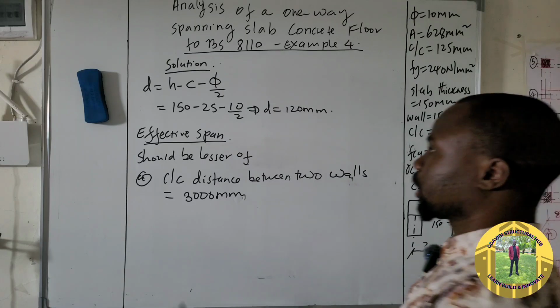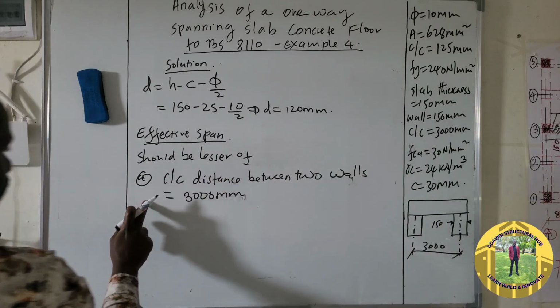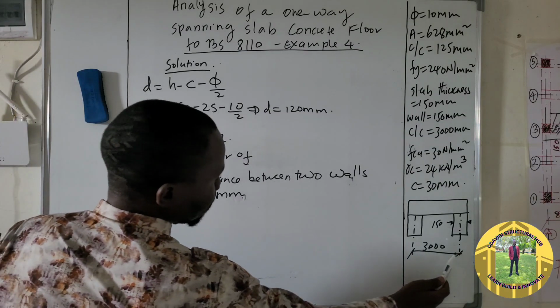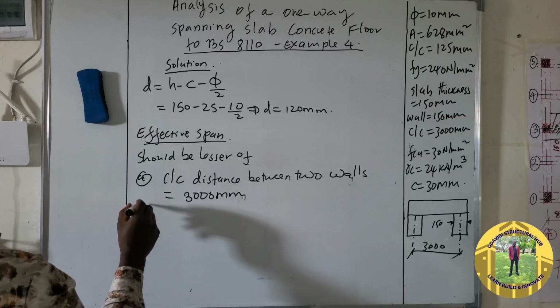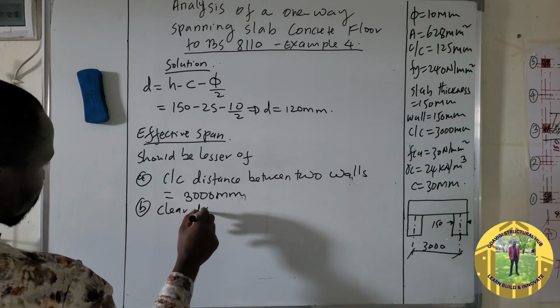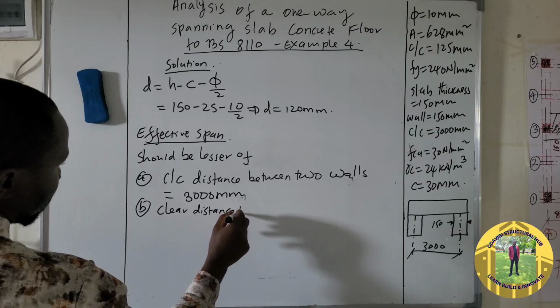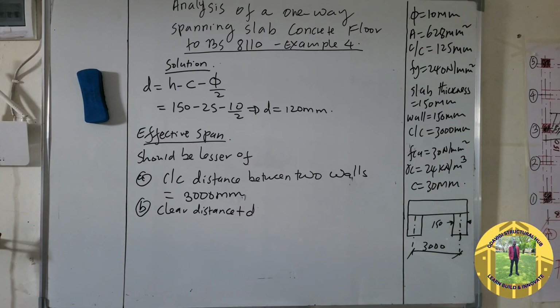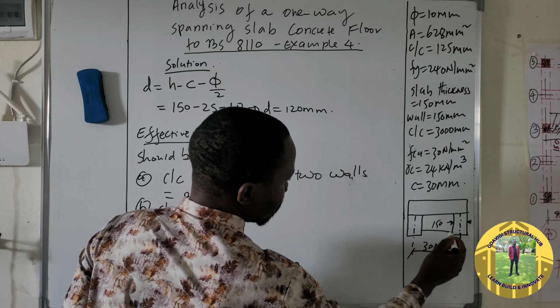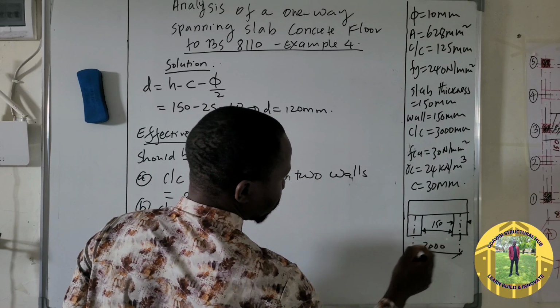So the effective span should be the lesser of A, center to center distance between two walls, as you can see, 3000, and B, clear distance plus d. So clear distance is the internal distance between the walls.